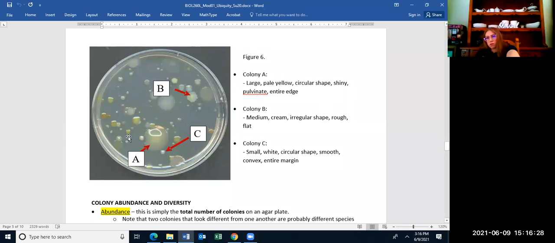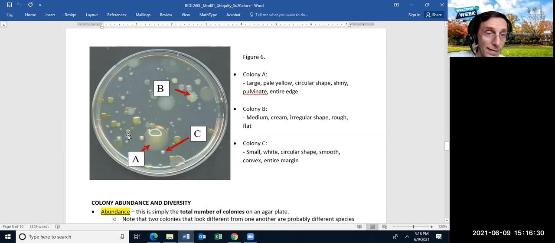Okay, good. So it looks like these colonies are the same, but that colony looks different because it's darker than these colonies. So it's sometimes difficult to determine the exact number of diversity, but you go on the colony characteristics and you generalize.